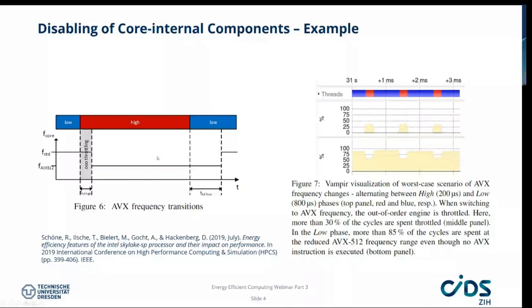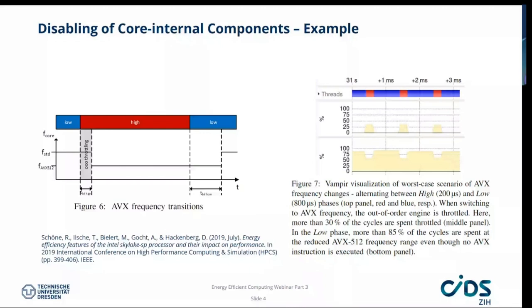We measured that for a Skylake processor, where the out of order throttling was about 70 microseconds, and the lower frequency band is then valid afterwards for about 600 microseconds. These are the times where you are actually losing performance.